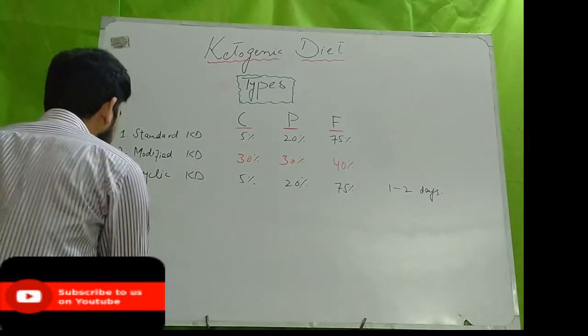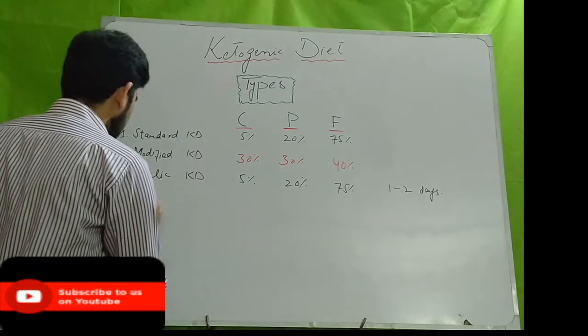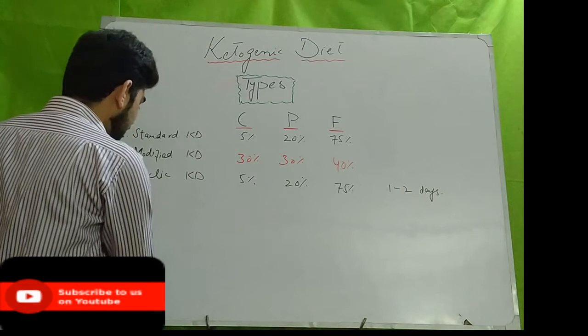The next type of the ketogenic diet is the targeted ketogenic diet.